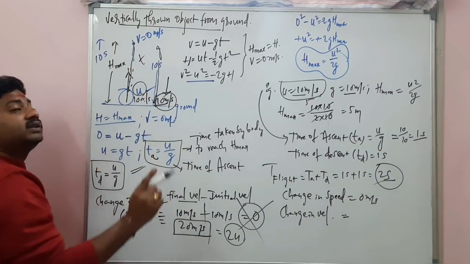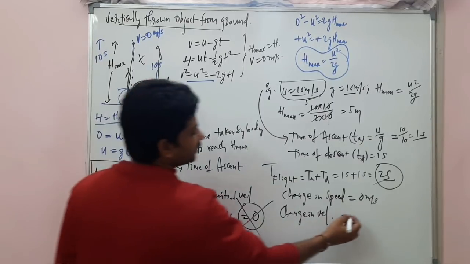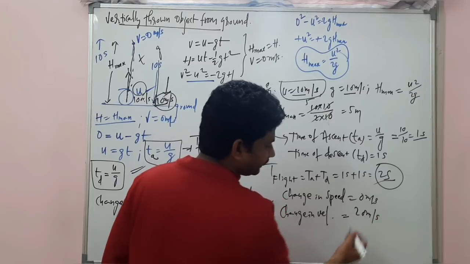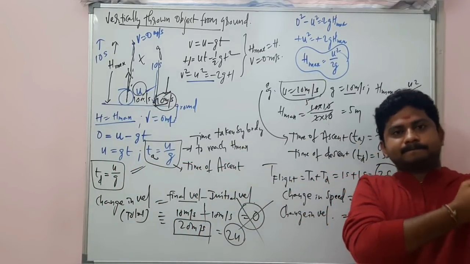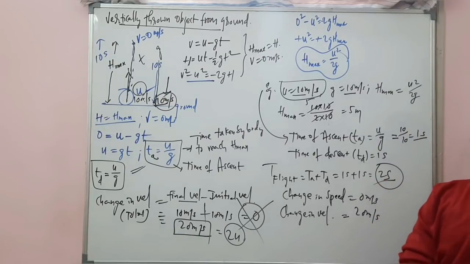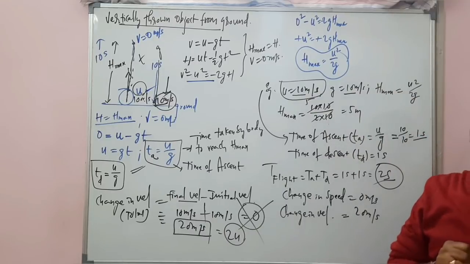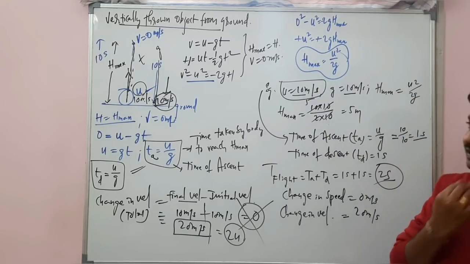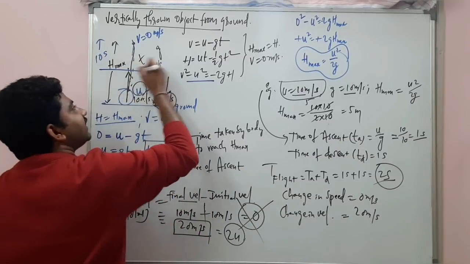Change in velocity means direction you need to consider, and this is 10 plus 10, it is 20 meters per second. Okay? Clear? Now, velocity at maximum height we discussed. Sometimes the question will be asked, what is the velocity at half of the maximum height? Did you understand?